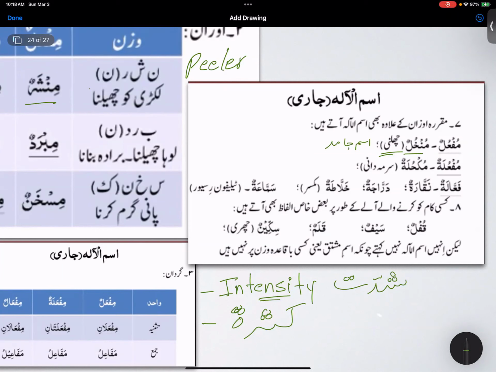Then muf'ulatun or mukhulatun. So mukhula is, you know, Urdu speakers know surmadani, right? And for the other people, you know the coal, which is basically in a small pot, and we use a straw or something to put that coal into our eyes.